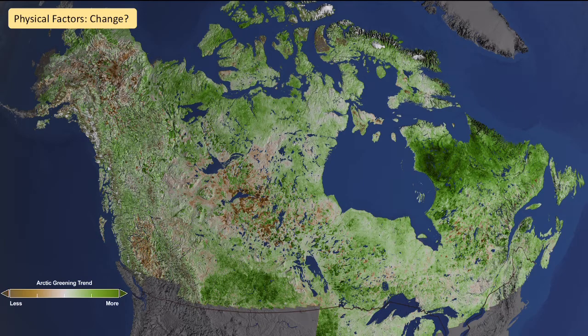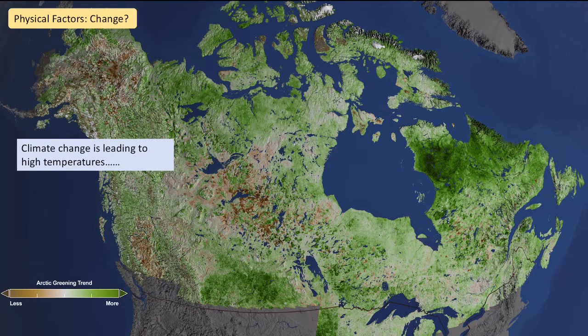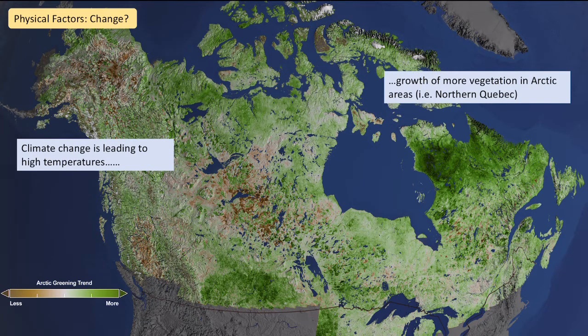We just talked about changes over time within a year. It's also interesting to talk about the fact that climate change, due to the enhanced greenhouse effect, is leading to long-term potential change to this environment. Because we're getting higher temperatures, there's the potential that areas of the Arctic will become more green.